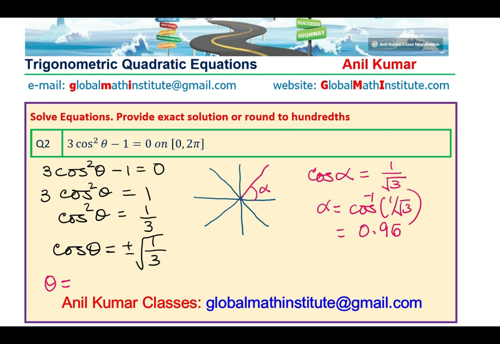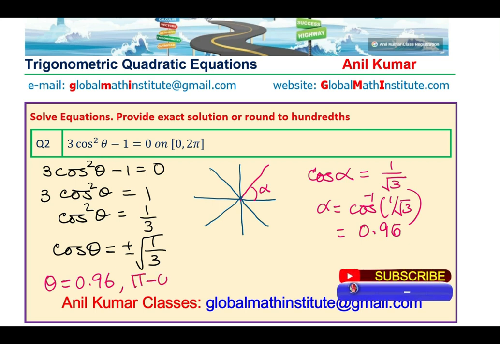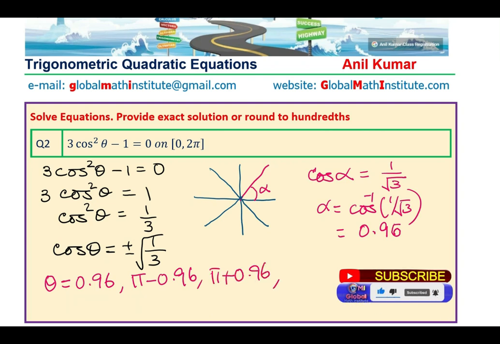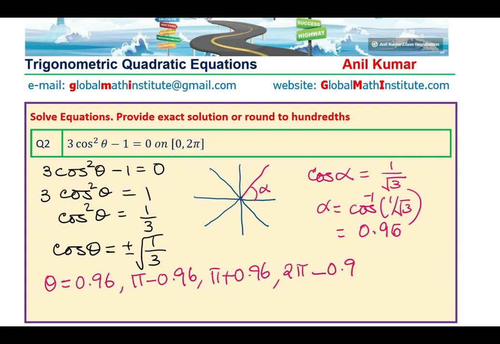So theta is the related acute angle 0.96, and then it is pi minus 0.96, pi plus 0.96, and also 2 pi minus 0.96. You get the idea, right?